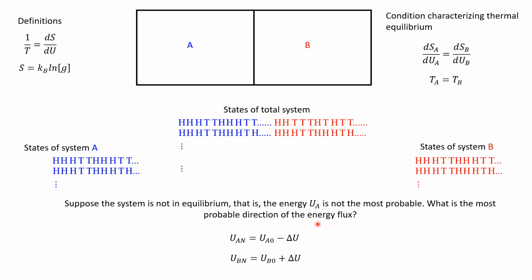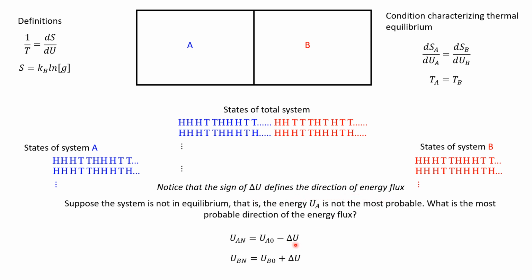And to answer this question, we're going to assume that systems A and B exchange delta U units of energy. So in this notation here, UAN is the new, N for new, energy of system A after it exchanged delta U units of energy with system B. UA naught is the initial energy before the exchange of energy, and we have the same for system B. So notice that the sign of delta U defines the direction of energy flux.